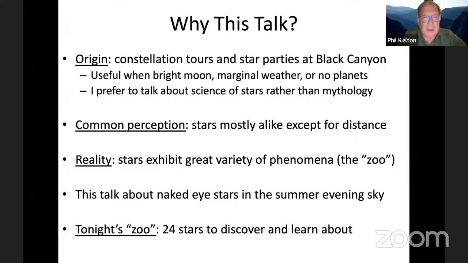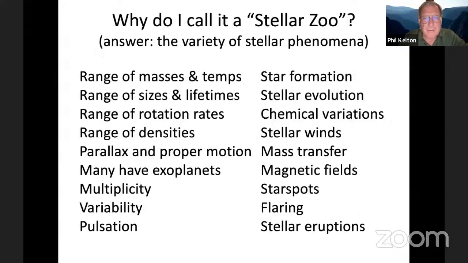And part of my justification was that the public commonly thinks that most stars are pretty much alike except for their distance, because they appear to be different brightnesses, when in fact they exhibit a huge variety of stellar phenomena, just like the animals in a zoo. So that's the source of my whimsical title, The Stellar Zoo. This talk covers 24 naked eye stars in the summer evening sky that we will discover and learn about.